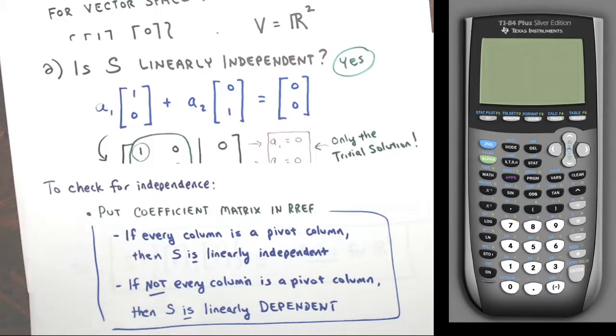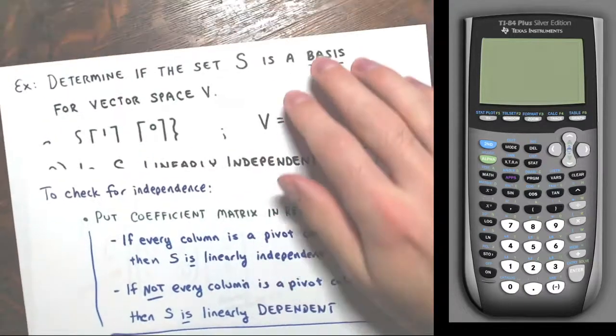Then you put it in reduced row echelon form, and check: are there any rows entirely made up of zeros? Is every column a pivot column or not? Just really those couple questions to determine if a set is a basis or not.